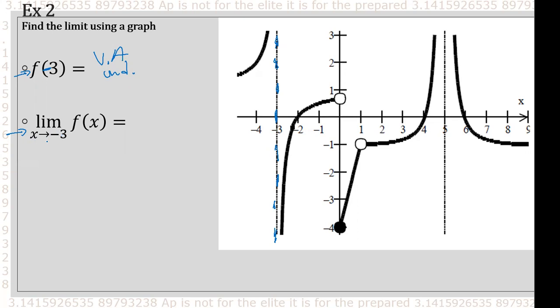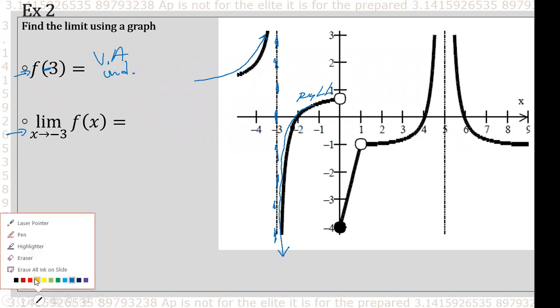How about the limit as x approaches -3? Well, that's when we're trying to get really, really close from the left and really, really close from the right, and see what's going on. As x approaches from the left-hand side, this graph is going all the way up. And when we're coming from the right, as I'm getting closer to -3, my y values are going down, down, down, all the way down.